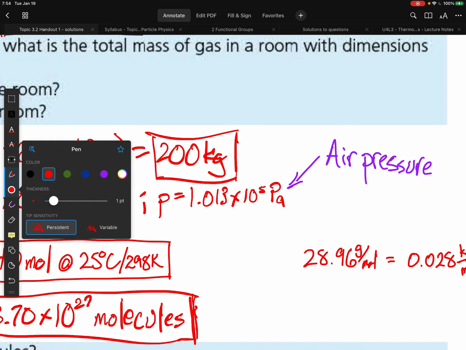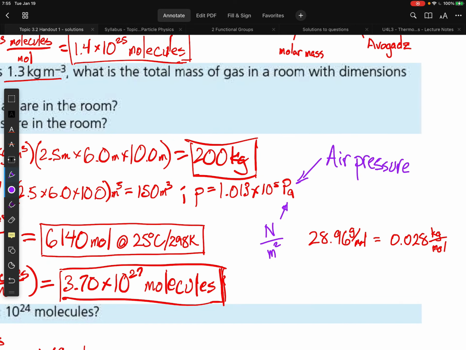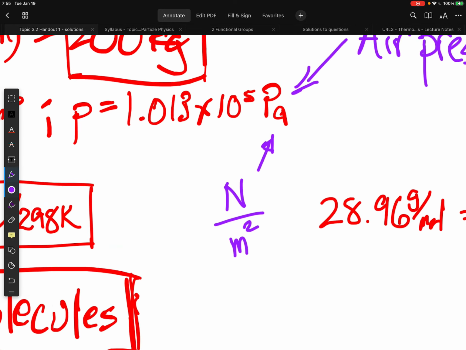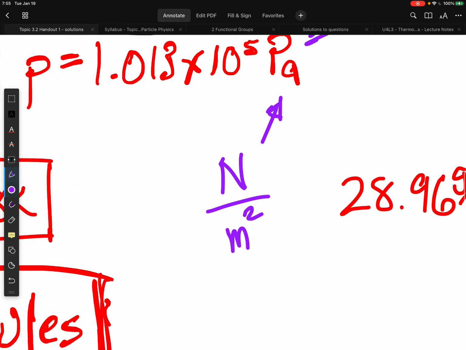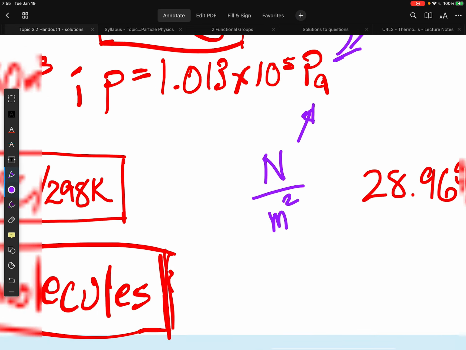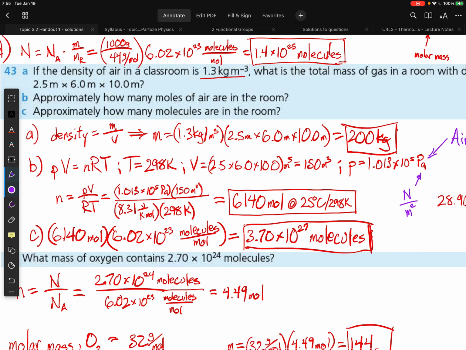Be aware that a pascal is simply a Newton per meter squared. So that's all that is. And note that if you know the unit, you now know the formula for pressure, because a Newton is a force, and meters squared is area. So pressure equals force divided by area, as we have seen in prior lessons.